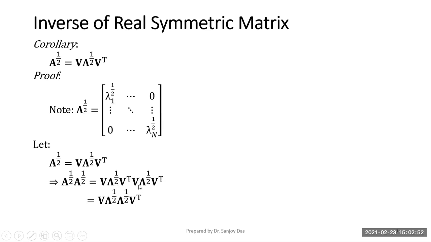Since V is a unitary matrix, V transpose V is the identity matrix, correct? So I'm just ignoring the identity matrix. So V lambda half, then lambda half V transpose, which is equal to V lambda V transpose. If you multiply lambda to the half with itself, you'll get back lambda. So this is how we can take the square root of a real symmetric matrix.